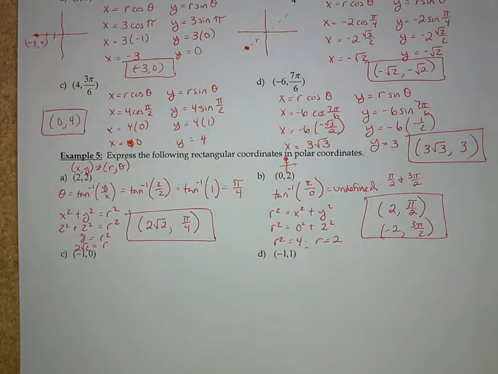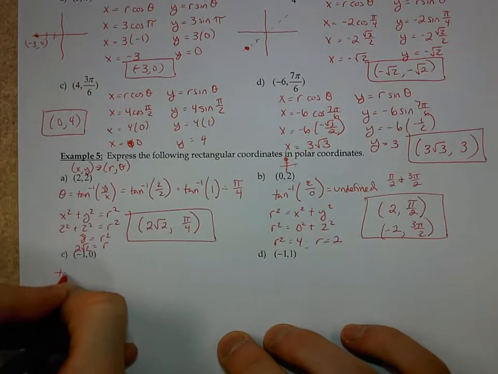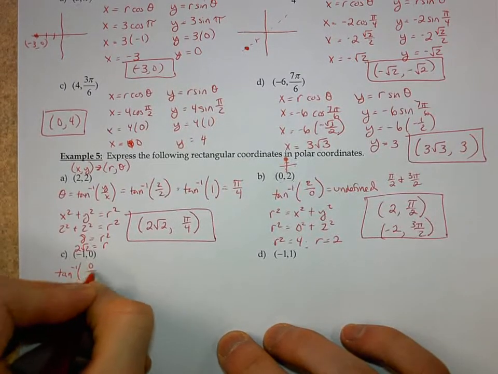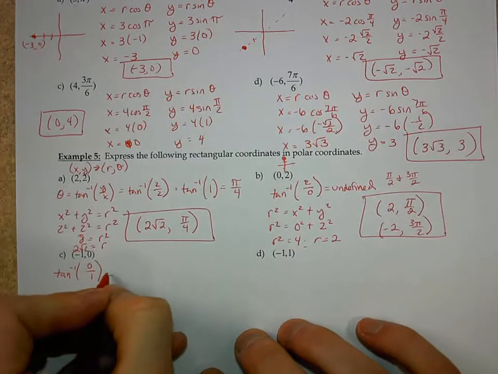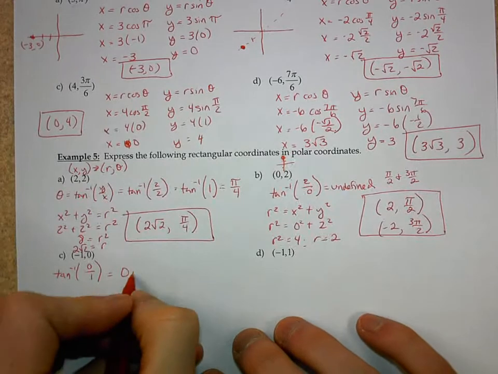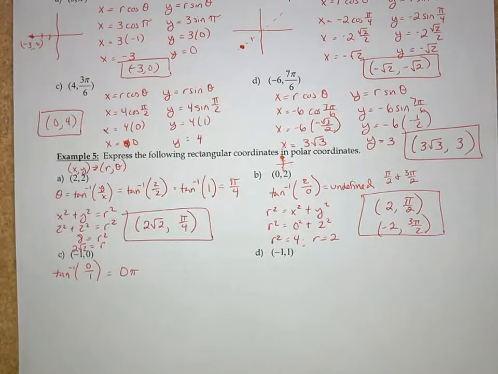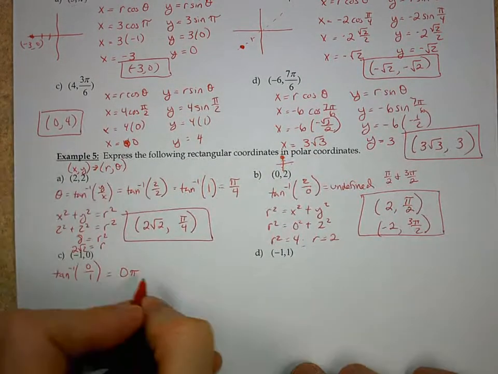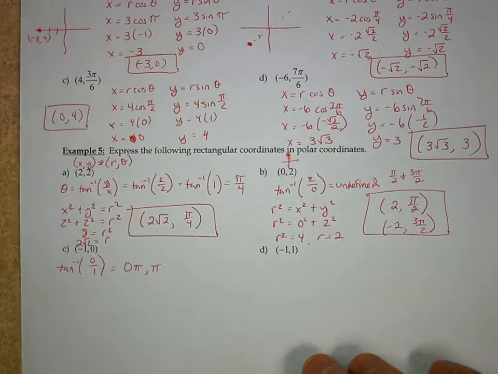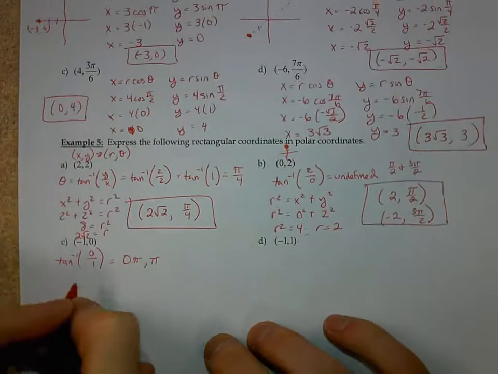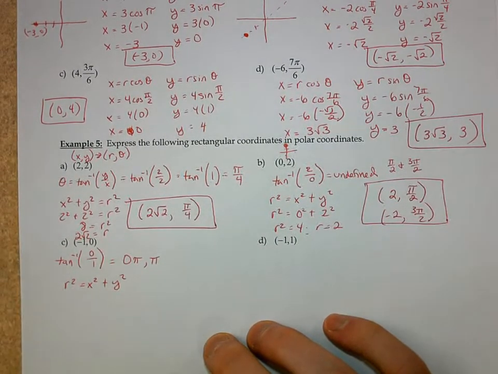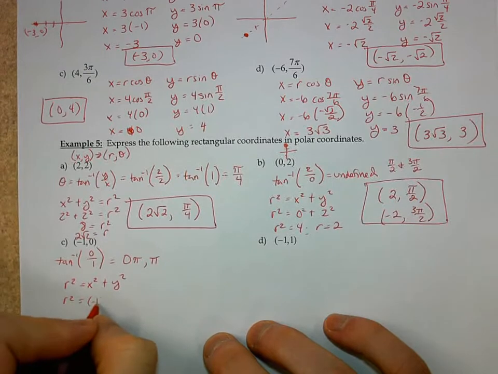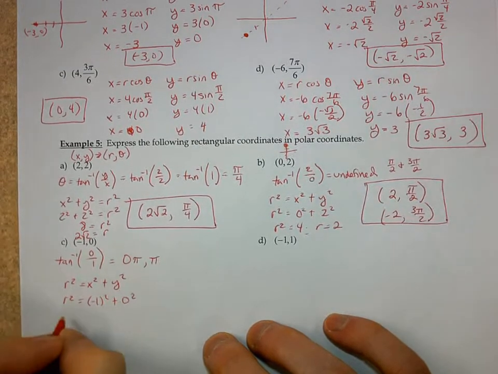The third one, negative 1 comma 0. This one will have the tangent inverse of 0 over 1, which is the tangent inverse of 0, which we could say that's 0 pi. We also know the tangent inverse of 0 occurs at pi. R squared equals x squared plus y squared. So r squared is negative 1 squared plus 0 squared.